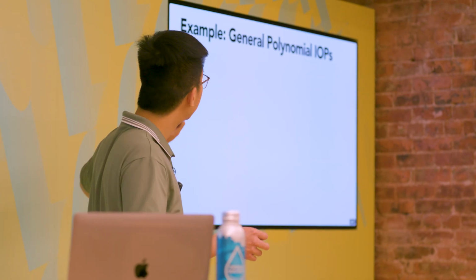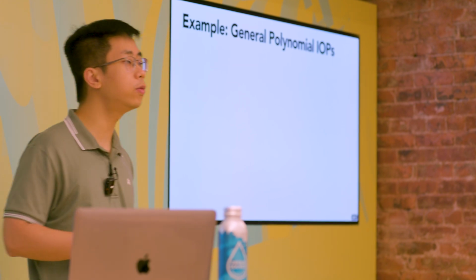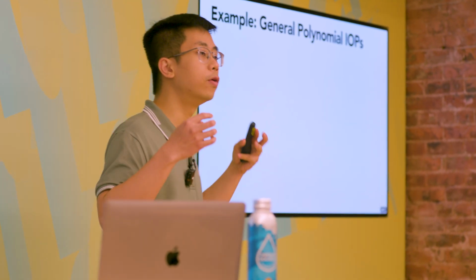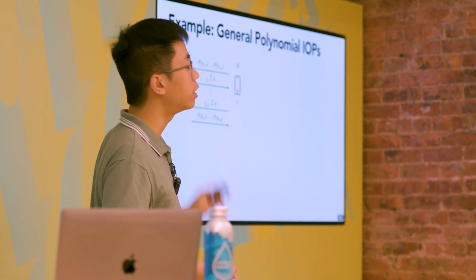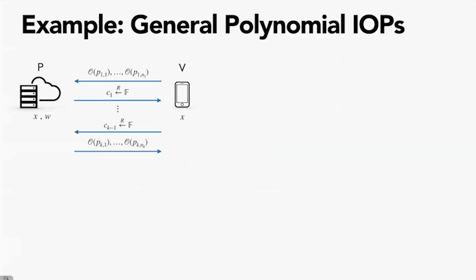In fact, polynomial IOPs, or interactive oracle proofs, are sort of the backbone of modern SNARK constructions. Let's see how weak unique response can be proved for such general protocols. Again, let me recall very quickly how these protocols work. It comes from some information-theoretic interactive protocols, where in each round the prover will send oracles to some polynomials, and the verifier is going to respond with some challenges.